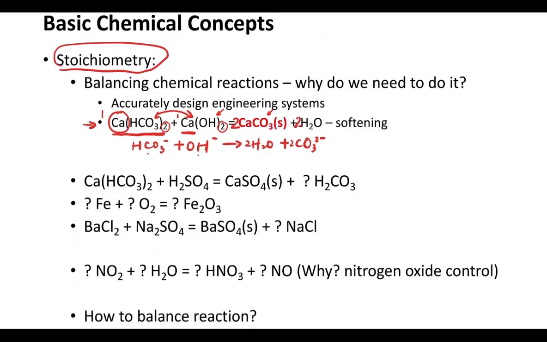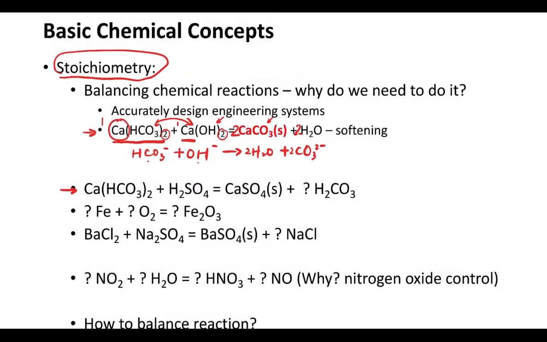So similarly, you can look at this equation here. Actually, we can also use this reaction to remove the hardness, or remove the calcium ion. What happens is the calcium bicarbonate can also react with the sulfuric acid, okay? So you see, it's also going to form a solid.